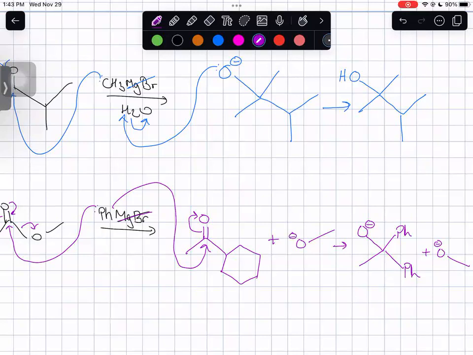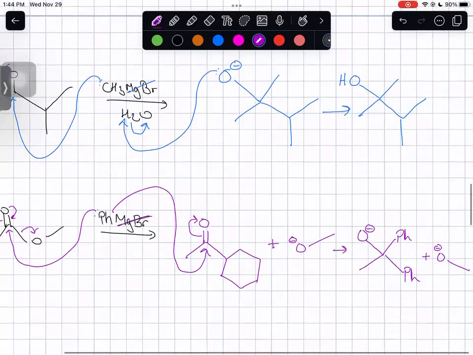And then how do we make everything more stable, more neutral? How do we get rid of those negative charges? Water is gonna come again to protonate it. Wait, but oh yeah, sorry, water wasn't given. Let's just assume that it was given.